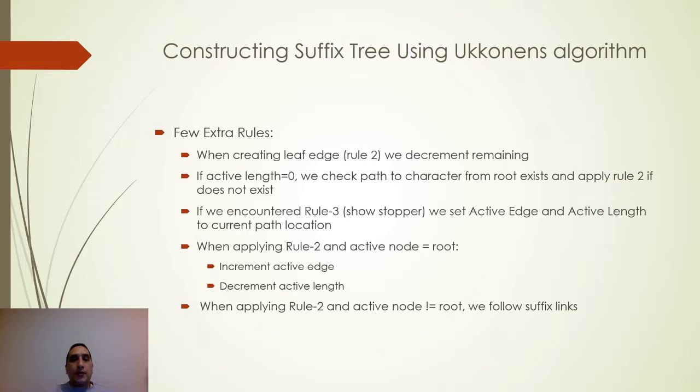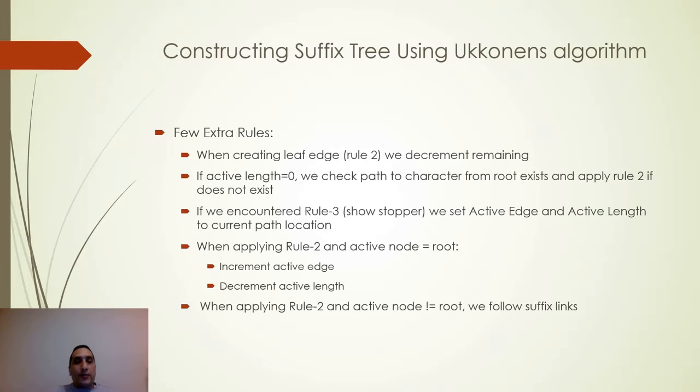Also, if we encounter rule number 3, which is the showstopper, we need to remember to set the active edge and active length to the current path and the current character location where we encountered that rule. When applying rule number 2, we need to check if the active node variable is set to the root node.